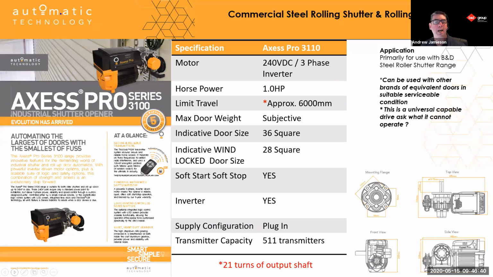So if you can mount the unit effectively to the shutter, power it up with an extension lead, even if power isn't going to be hot wired, you can effectively set up, commission, and ask for that money on the spot, because there's no wait time for an A-grade electrician to come in and hot wire and fully commission that unit.